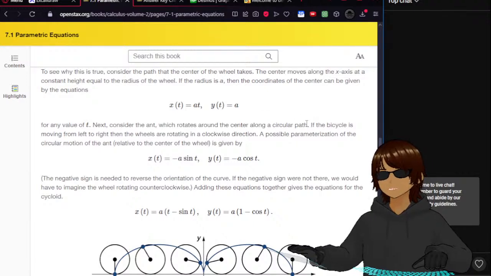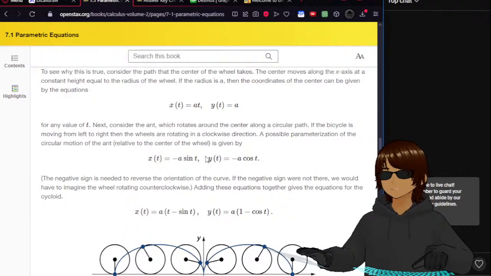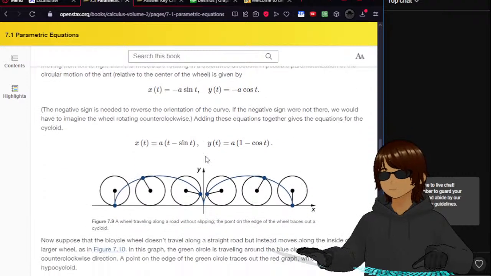A possible parameterization of a circular motion of the ant relative to the center of the wheel is given by x is equal to minus a sine t and then y is equal to minus a cos t. The negative sign is needed to reverse the orientation of the curve.